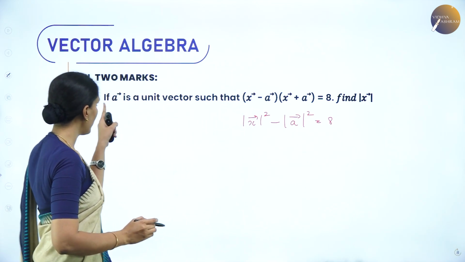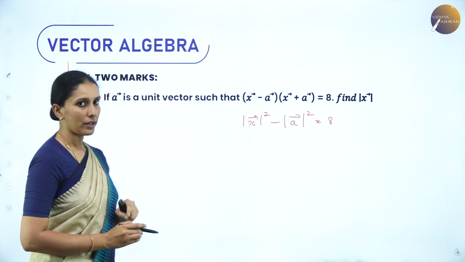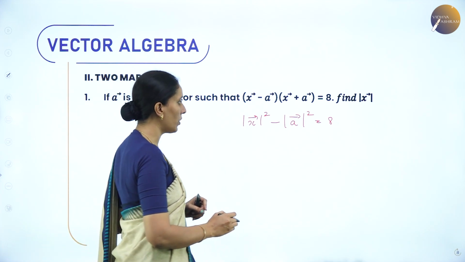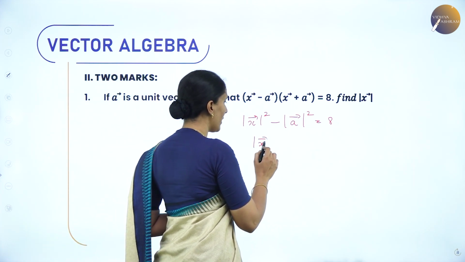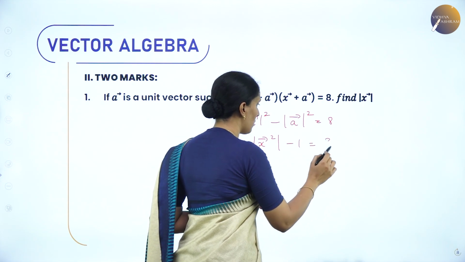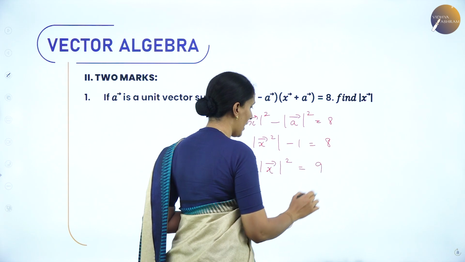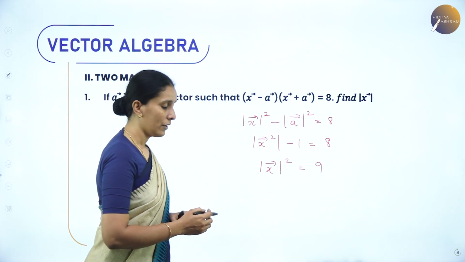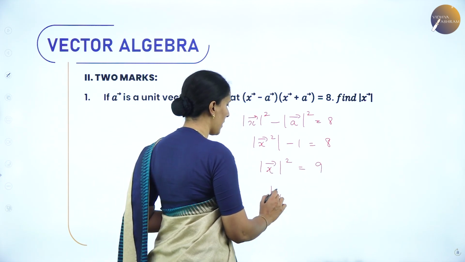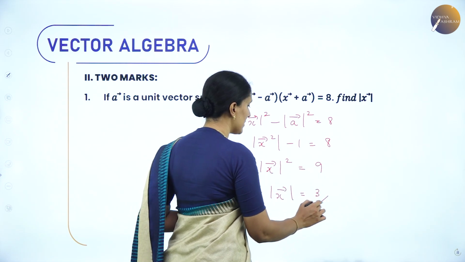In the question they have given A is a unit vector, then its magnitude will be equal to 1. So magnitude of x square minus 1 is equal to 8. So magnitude of x square is equal to 9. So square root of 9 will give you 3. Hence magnitude of vector x is 3.